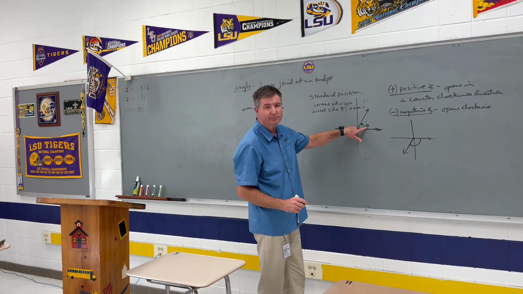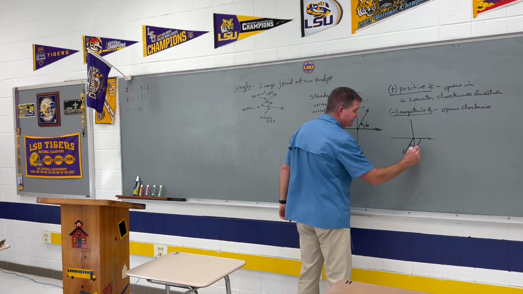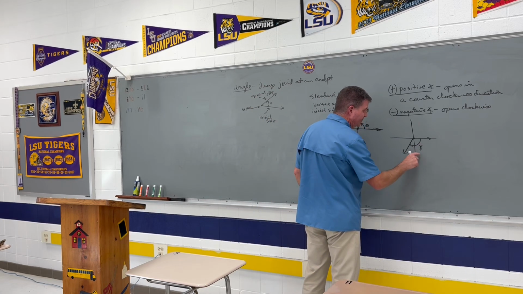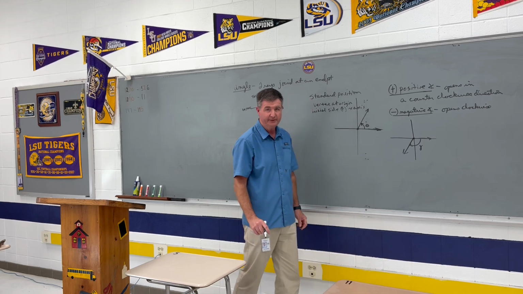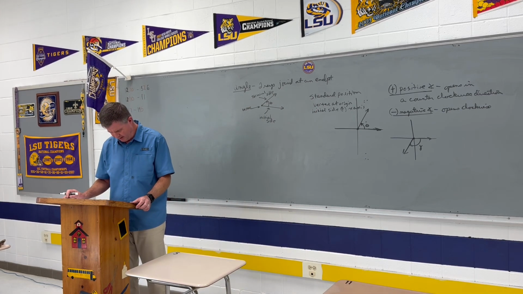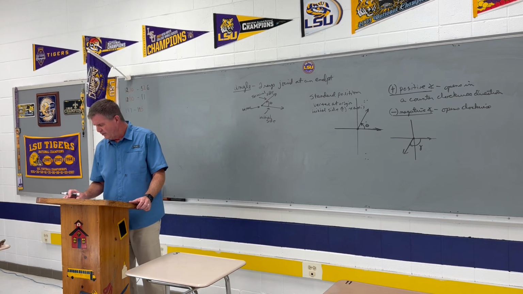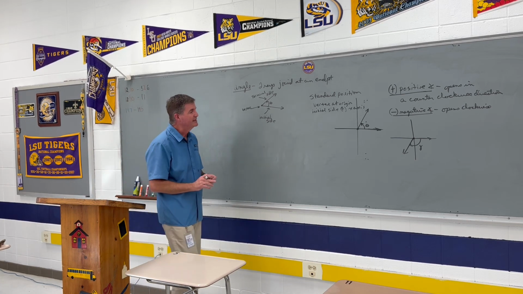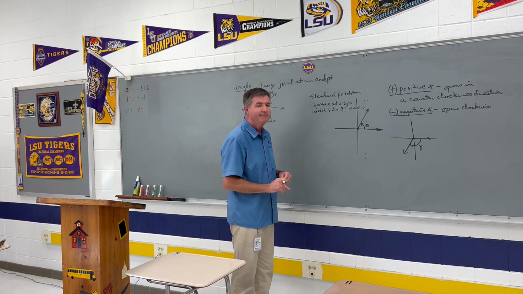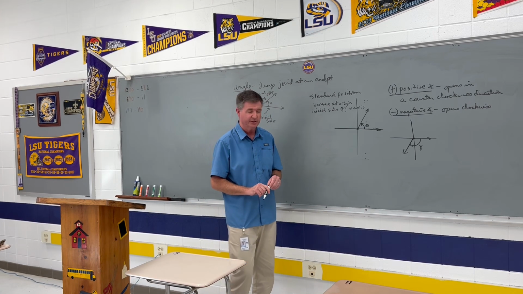This is my symbol that I'm going to use most of the time called theta. Other symbols that we use for variables for angles could be alpha and even beta, but I'll stick to alpha and theta right now.